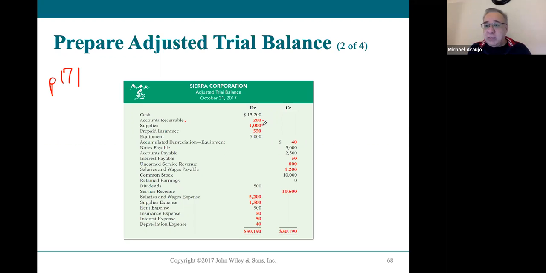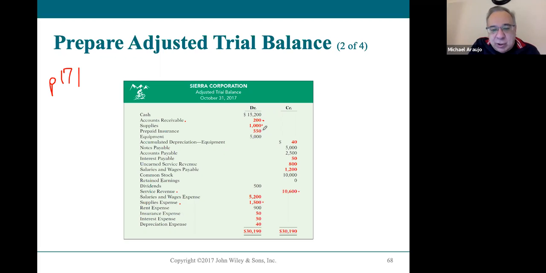Because from learning objective 2, we had a supplies expense, which you'll see down here, and we adjusted supplies. So we know those two accounts are affected in the adjustment process. Just like I said earlier, accounts receivable and service revenue are affected. Service revenue also is a red number because it's affected by the process, yes?